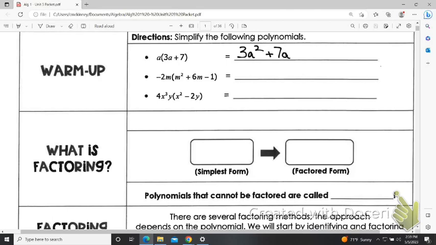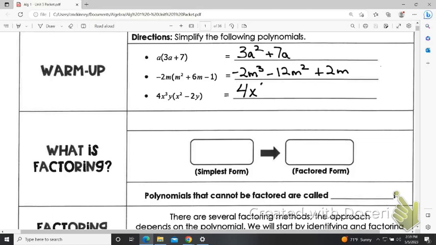Negative 2m times m squared, negative 2m cubed, negative 12m squared, plus 2m. Hopefully none of this is confusing to you, because this is what we should have just finished.